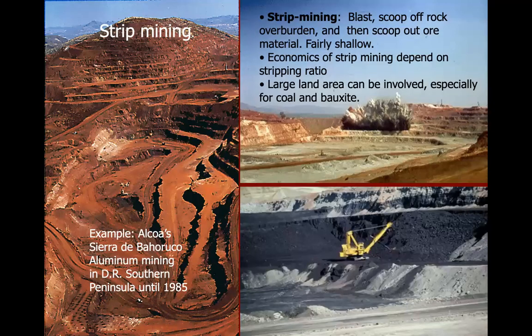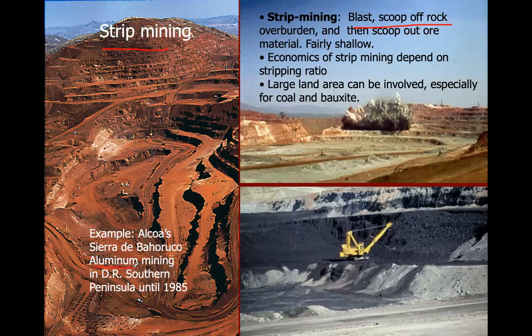And the other one is strip mining. It's you just blast and then scoop the rock and the overburden, right? So then take out the material in strips, right? Partly you do that, part by part. So this is an aluminum mine.